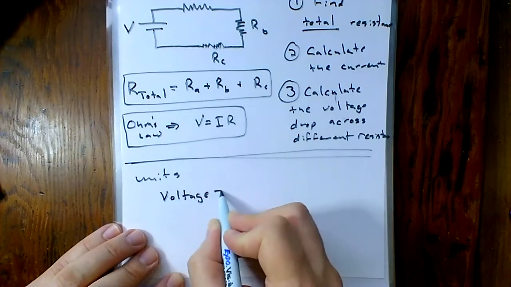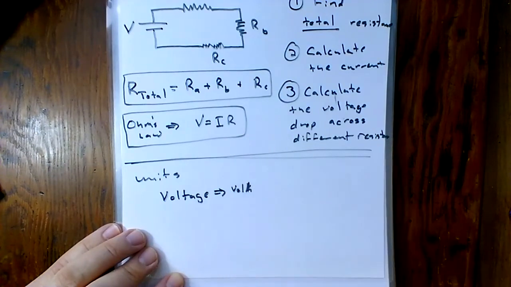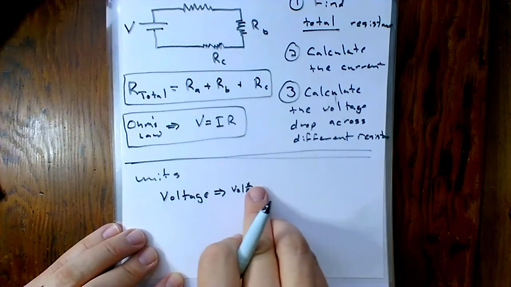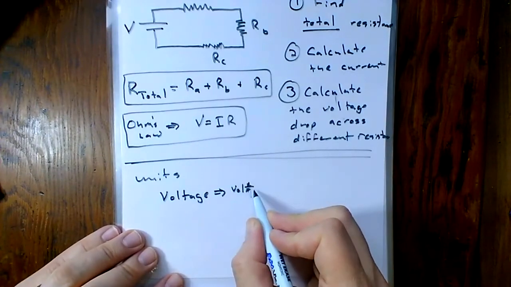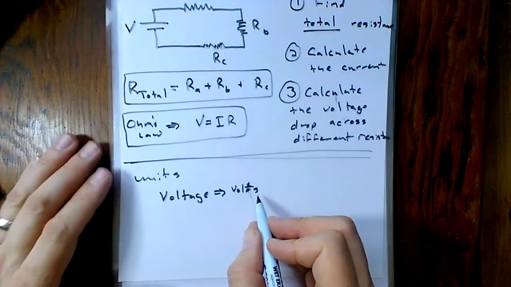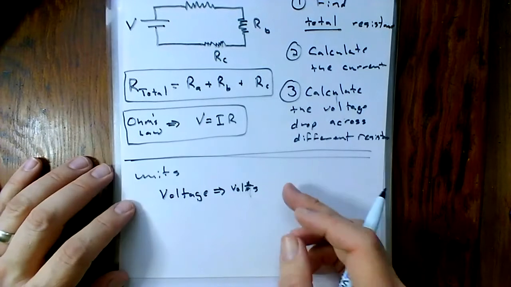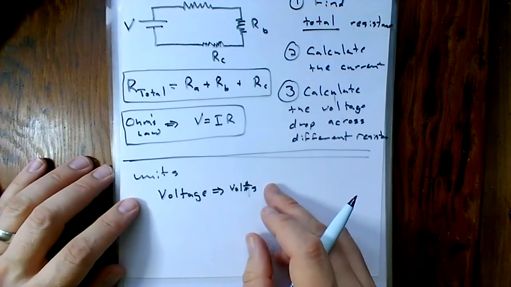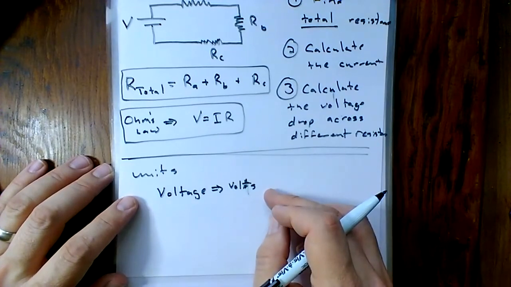Our voltage is typically in volts. Sometimes, if you're working in industrial settings, you might end up with kilovolts, but most of the time you're dealing with volts here.